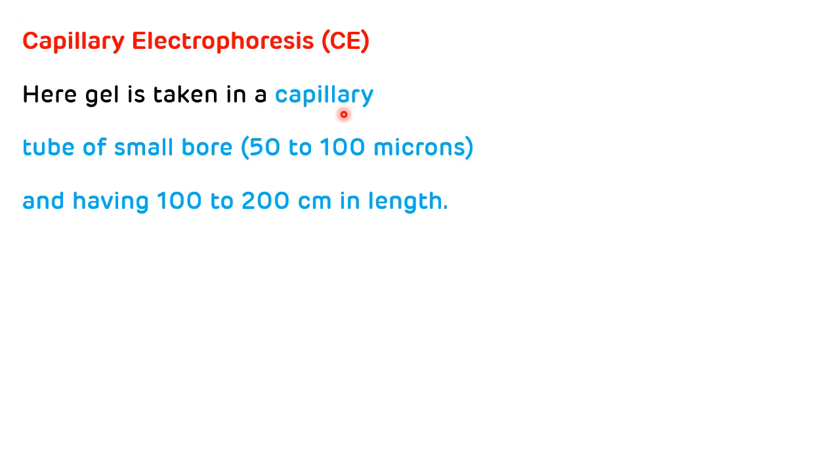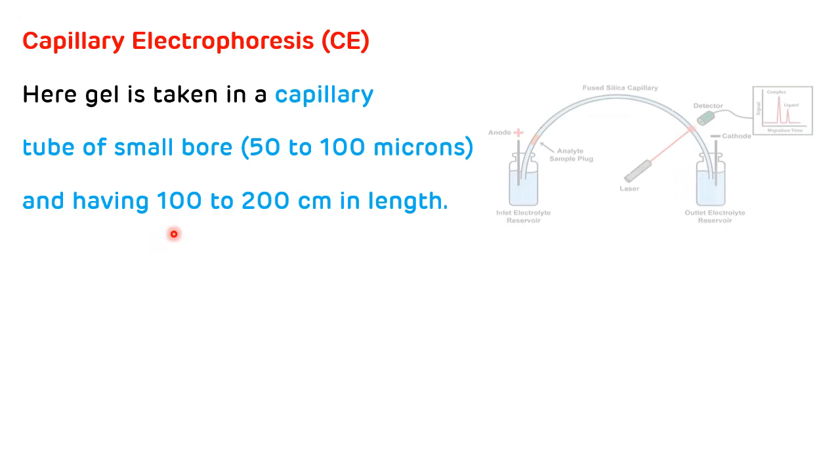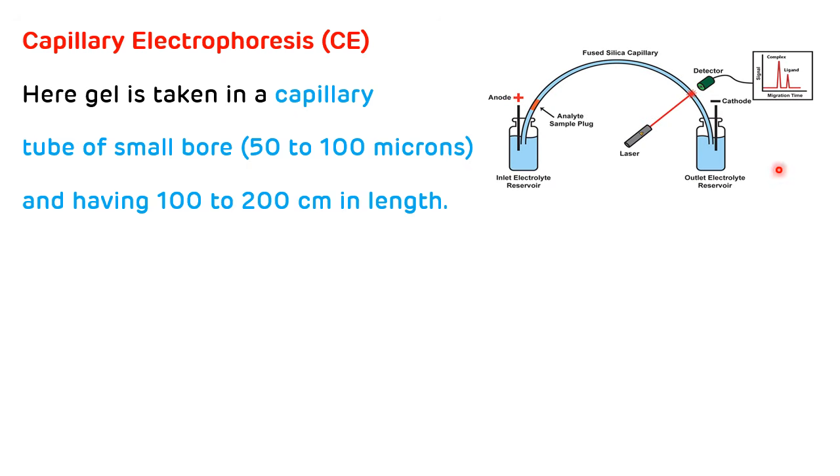And the last one is capillary electrophoresis. In capillary electrophoresis, gel is taken in a capillary tube of small bore and having 100 to 200 centimeter in length. So this is the picture of capillary electrophoresis. This is the capillary which is fused with silica, and this is the sample plug.